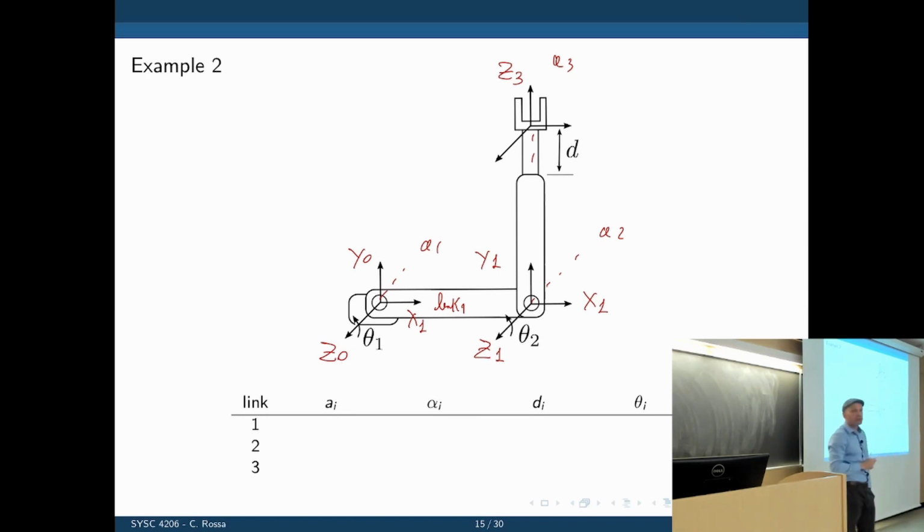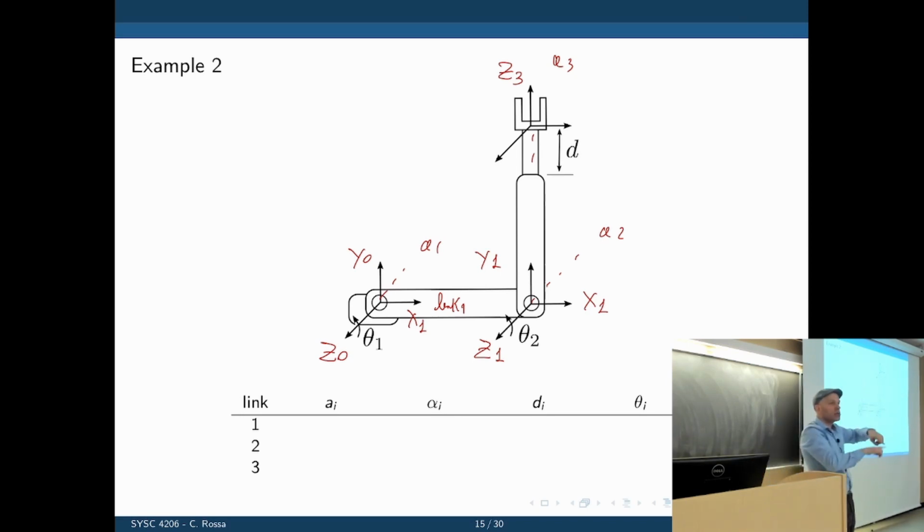Where is Z2? Let's put it this way. Where is the next frame, before the extending? We could place it anywhere along that line. You can put it just at the end where it extends there, and then say that the length that extends is D. Or we can take that frame and put it back here, and say that the length that extends is L2 plus D. It's the same.